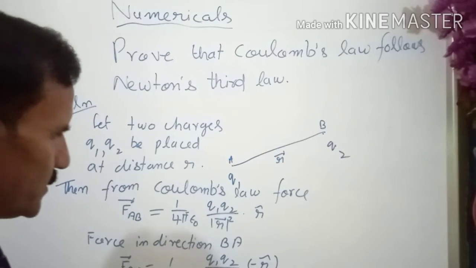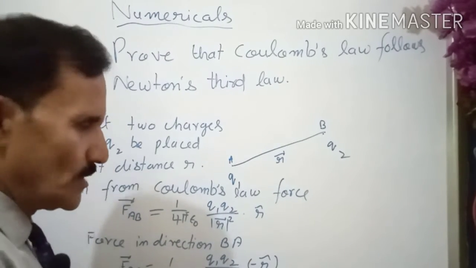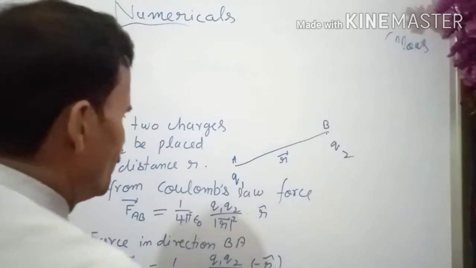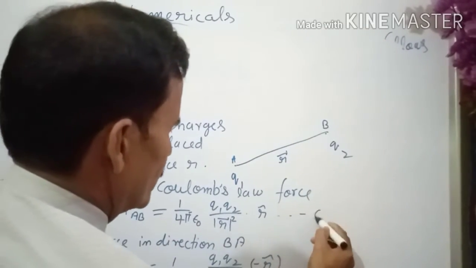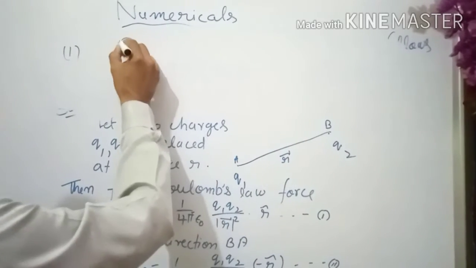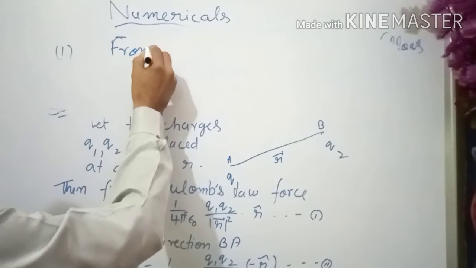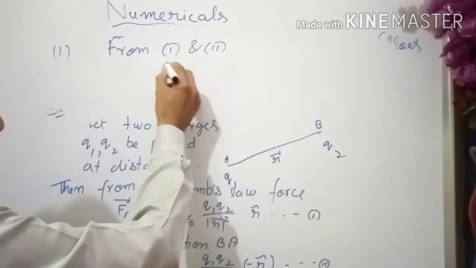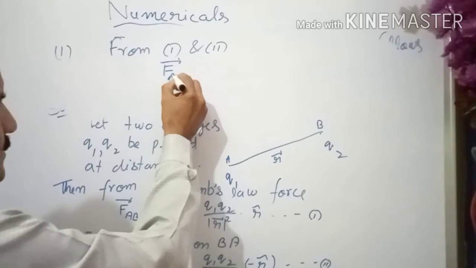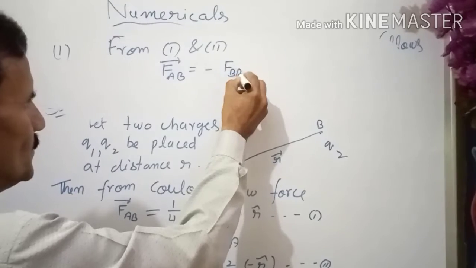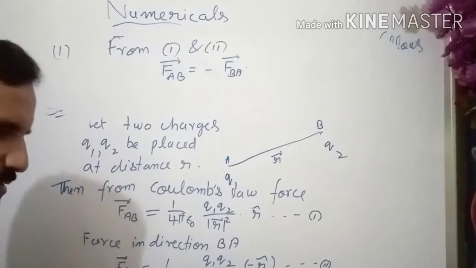So now obviously from these two results, result number 1 and result number 2, what are you getting? FAB is equal to minus FBA.